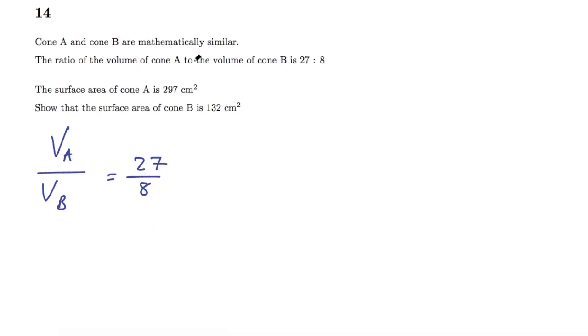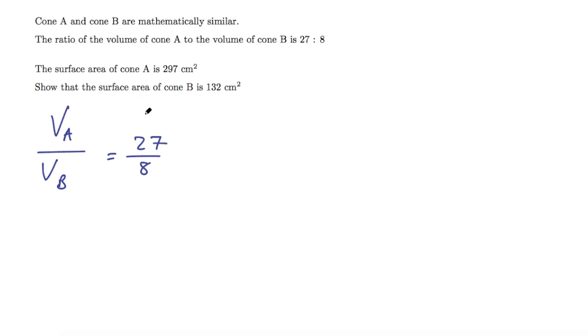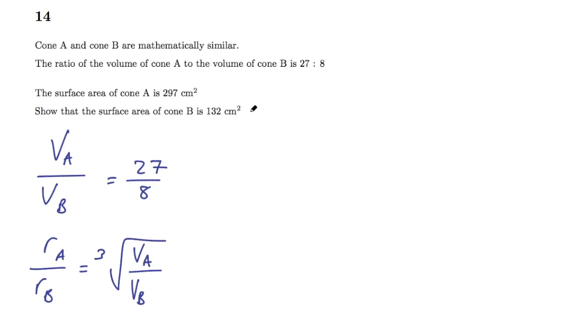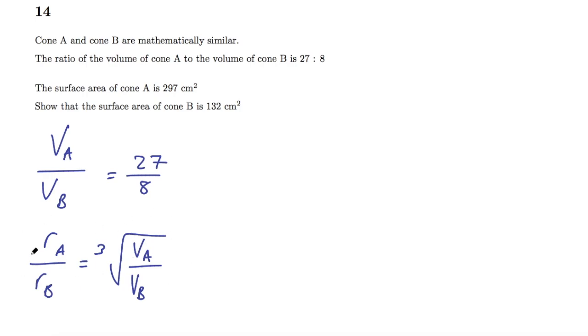And we know the cones are similar, then the ratio of the sides, let's take one measurement in the cone, let's say the radius of A over the radius of B, that ratio will be the cube root of the ratio of the volumes. So if you know that, this makes the question quite a simple process. Let me just explain to you why that works.